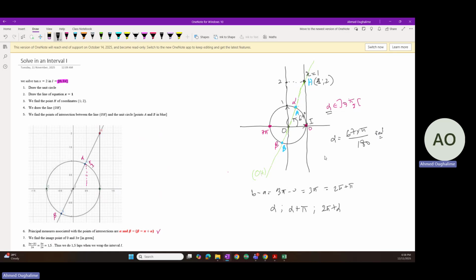So alpha for us is a real number. We are just going to say that the value of alpha is roughly 67 pi over 180. So this is just a good approximation of alpha. The calculator will give you some value which is close to this one if you want to compare.